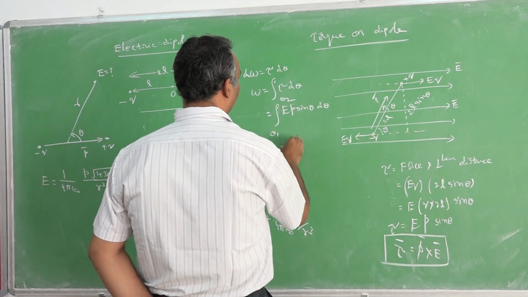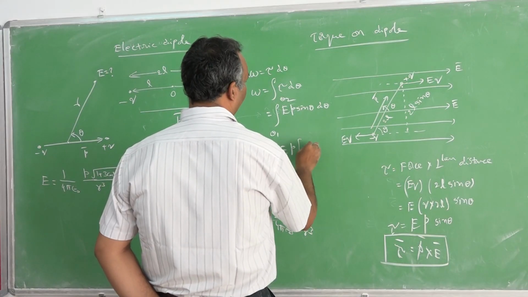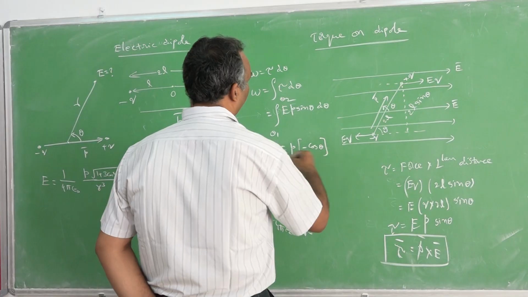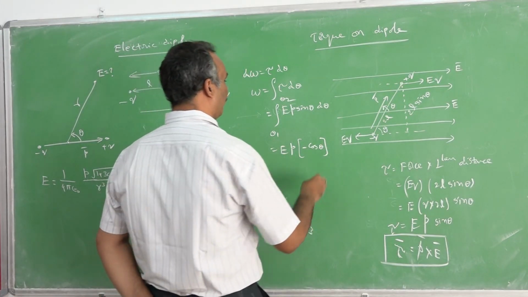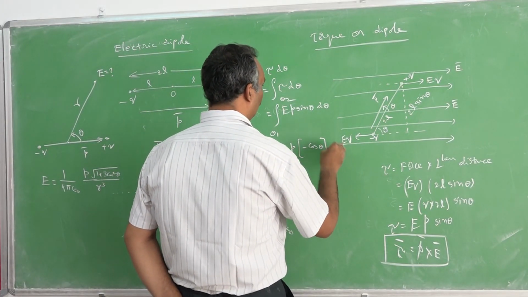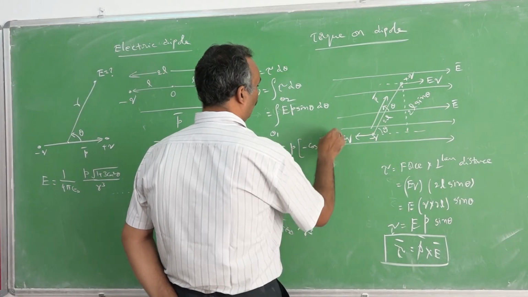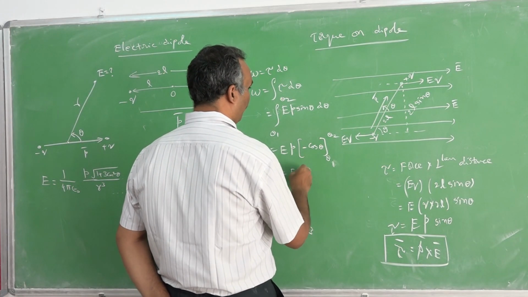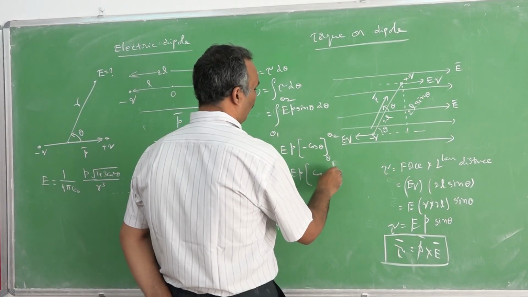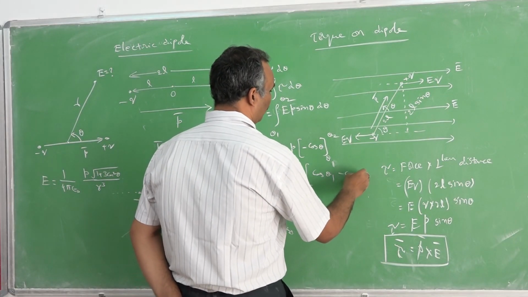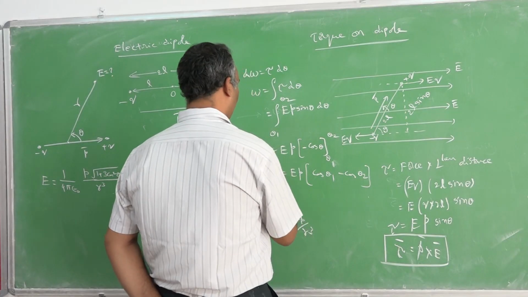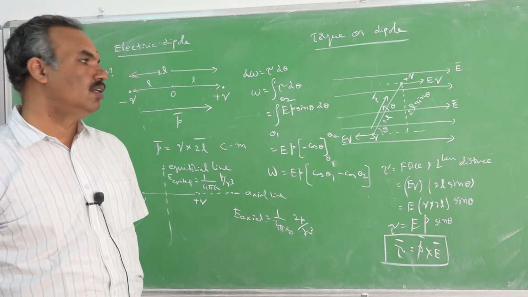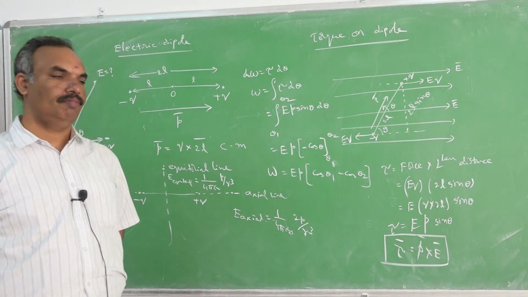So EP is constant, and for sin theta, the integral is minus cos theta. Theta varies from theta 1 to theta 2, so it becomes EP times cos theta 1 minus cos theta 2. This is the work done in rotating the dipole from position theta 1 to theta 2.